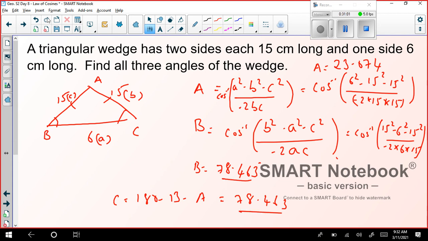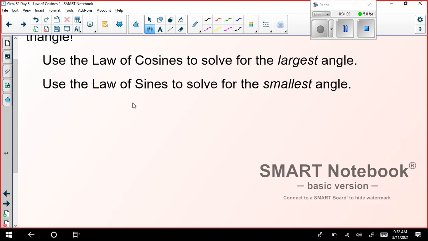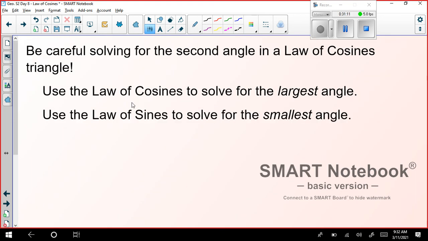Okay, let's see the last slide, then I'll give you time to work on it. Be careful solving the second angle in law of cosines. Always it's better to use law of cosine to solve the largest angle. Whenever they ask you to do law of sines or law of cosines, but they don't tell you which method, follow these techniques so that you don't go wrong.